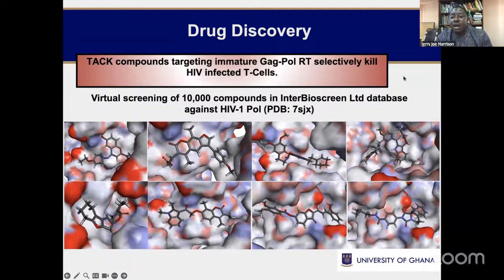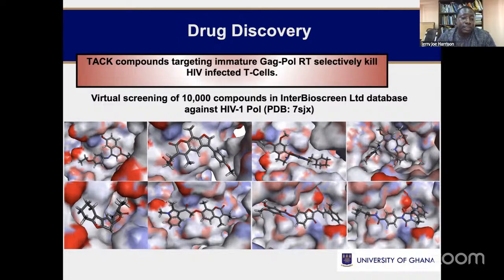And so we know that targeting the gag pole may be a very interesting way of tackling HIV. After all, we were convinced that we would find new interfaces in there where we could design new molecules to target.